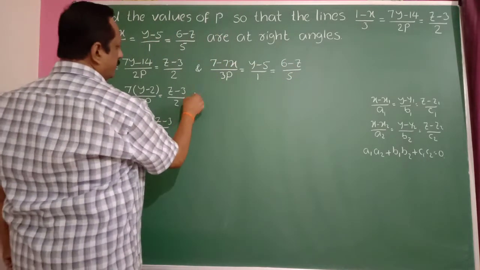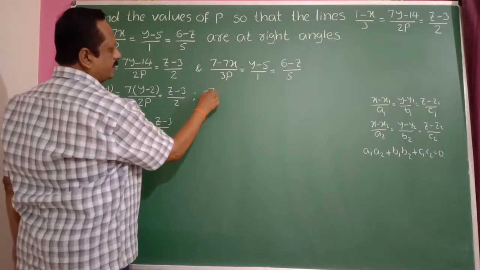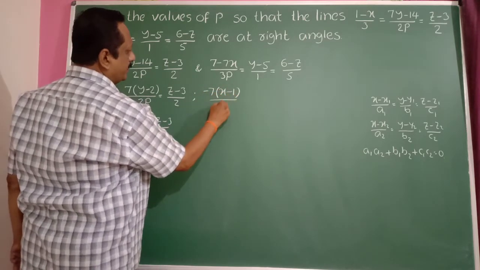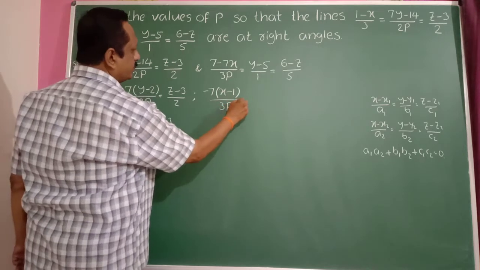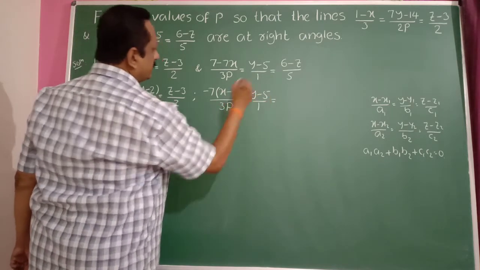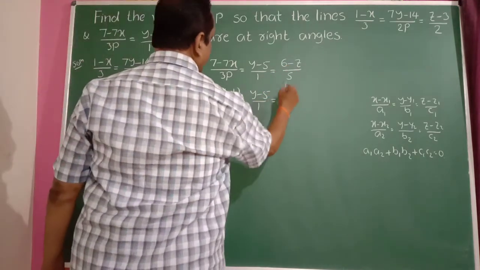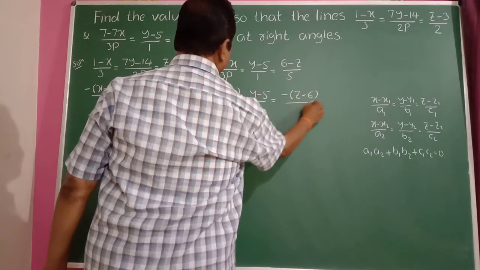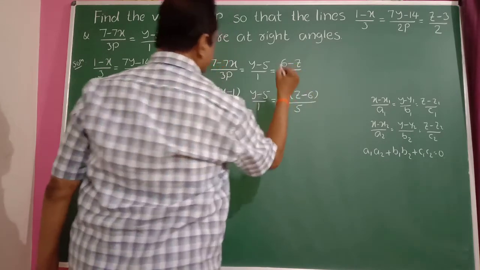Then here minus 7 is the common factor. Minus 7 is common, then x minus 1 divided by 3p is equal to y minus 5 divided by 1 is equal to, minus is the common factor here. So write minus outside of z minus 6 divided by 5.